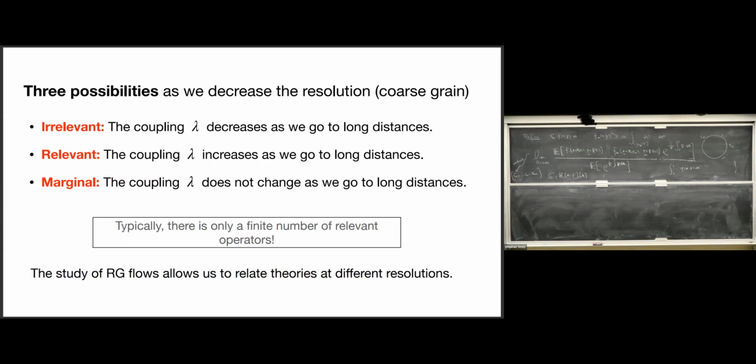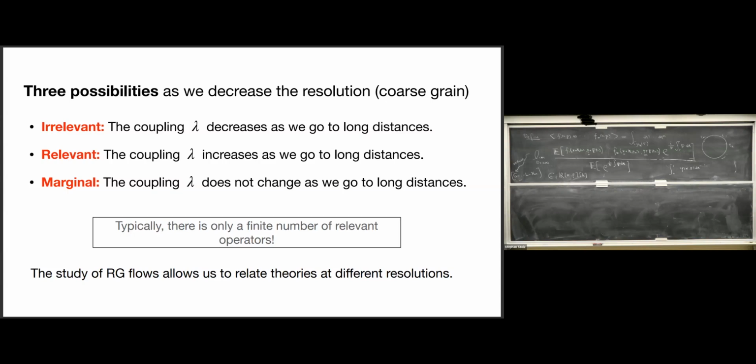We call them relevant operators if they increase as you go to long distances in the infrared. And we call them marginal operators if they do not change as you coarse grain your system. So in the third case, these are genuine numbers under the renormalization group flow. Now, the actual speed at which the couplings can decrease or increase once you change the resolution is model dependent. For example, in the standard model, they vary as logarithms of the energy scale.